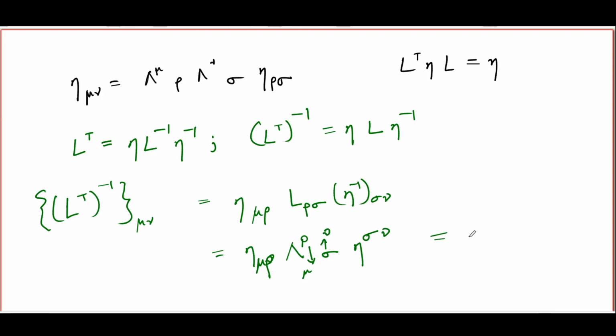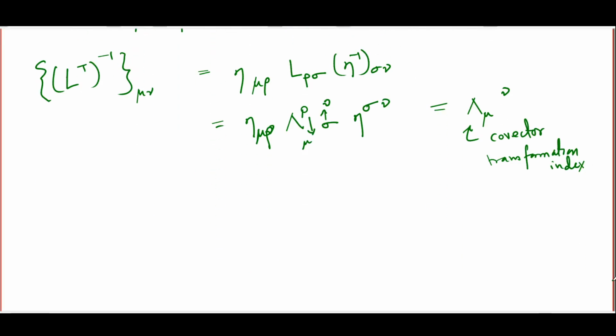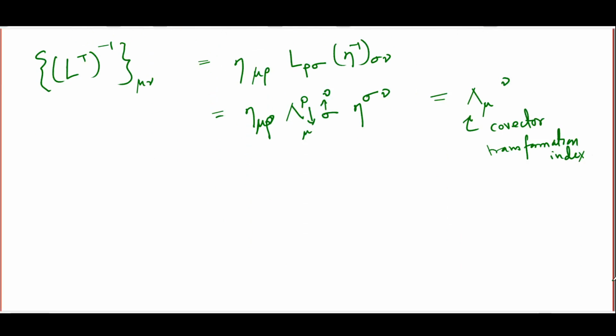So this thing is what you would call lambda lower μ upper ν. For those of you who are familiar with covectors, this is exactly a covector transformation index. So (L^T)^{-1} essentially is the way in which covectors transform and is written lambda lower μ upper ν.